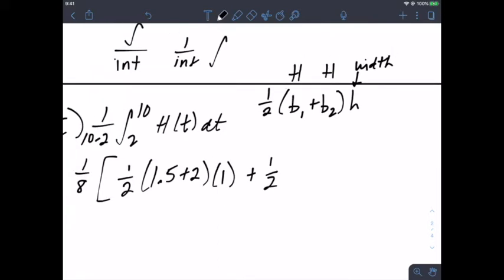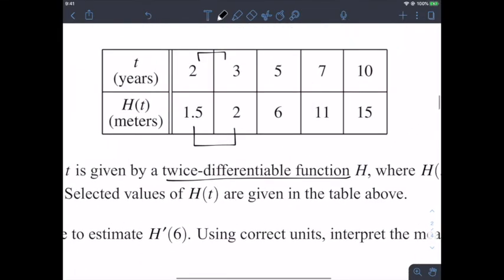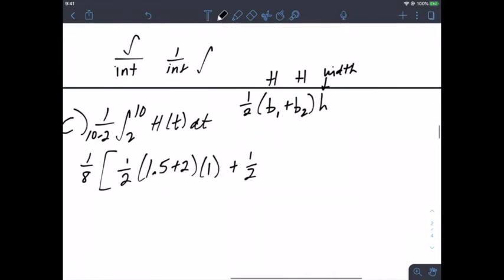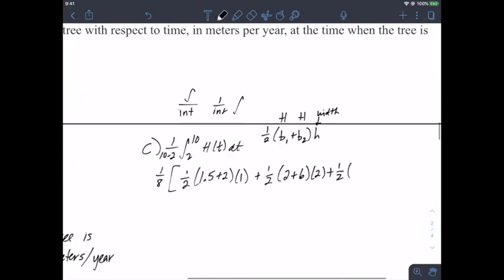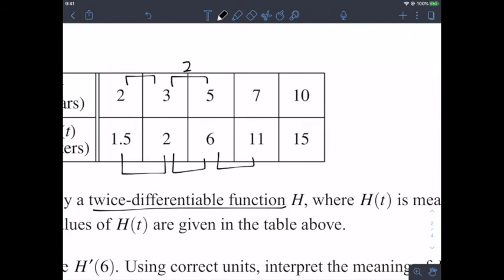Plus 1/2. On the next one, we go from 2 to 6 for the heights, and then the width is just going to be 2. So I'll take 2 plus 6 and multiply it by 2. Plus 1/2. Let's take a look at the next one. 6 to 11, so 6 plus 11, and then this one also has a width of 2.